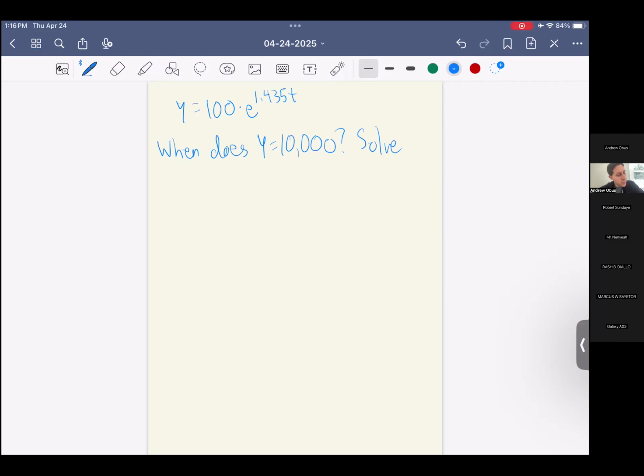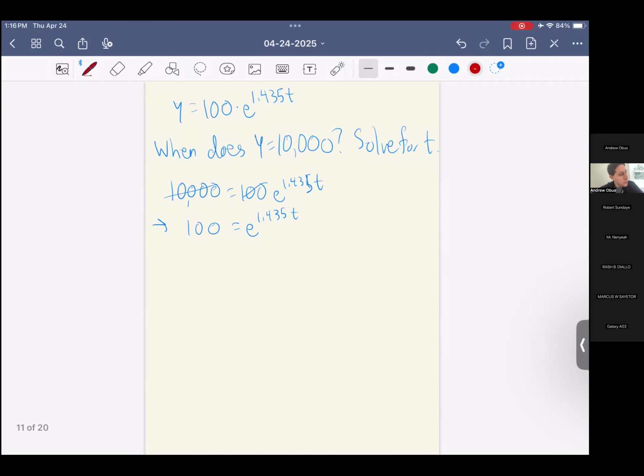Well, we just need to solve for t. Right, so we have 10,000 equals 100 times e to the 1.435t. We can divide both sides by 100, and that will leave us with 100 equals e to the 1.435t.